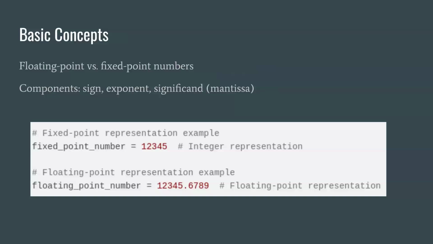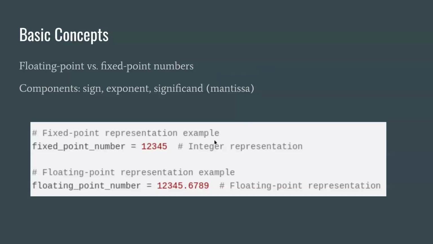In contrast, floating point numbers use a scientific notation-like representation with three main components: the sign, exponent, and significand or mantissa, to allow them to represent a much wider range of values with greater precision.